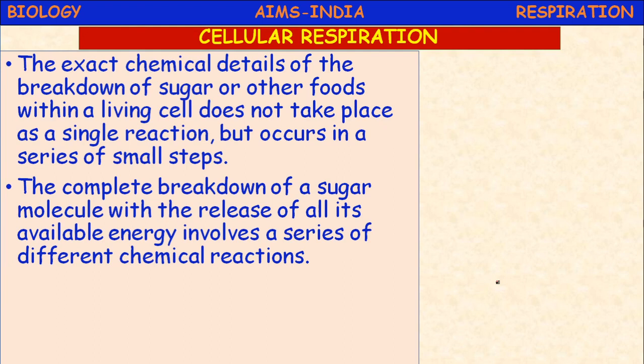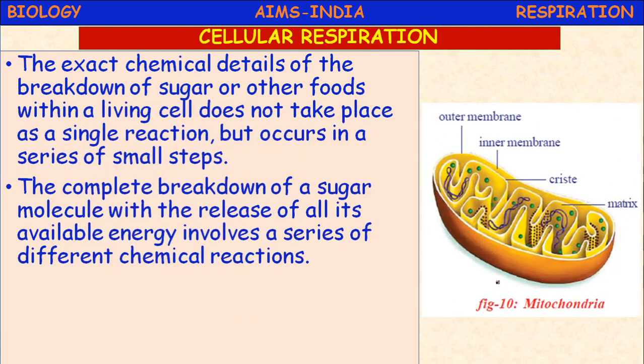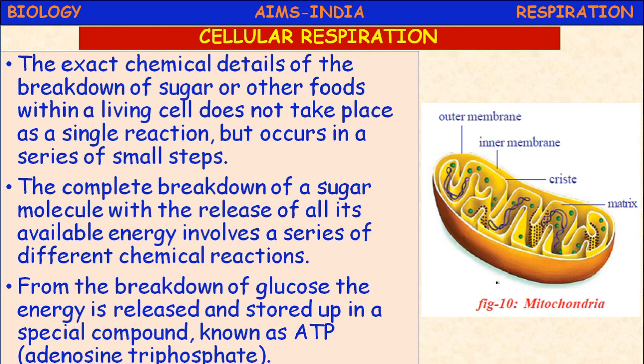The complete breakdown of the sugar molecule with the release of all its available energy involves a series of different chemical reactions which take place in the cytoplasm and mitochondria of the cell. From the breakdown of glucose, the energy is released and stored in a special compound. What is that special compound? ATP, adenosine triphosphate.